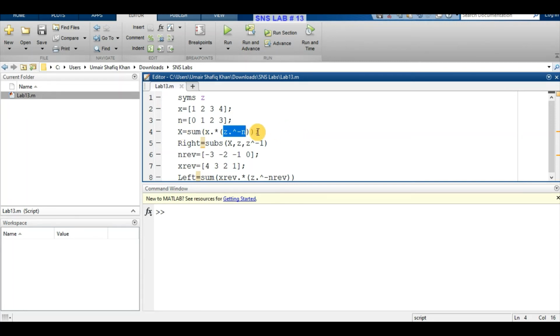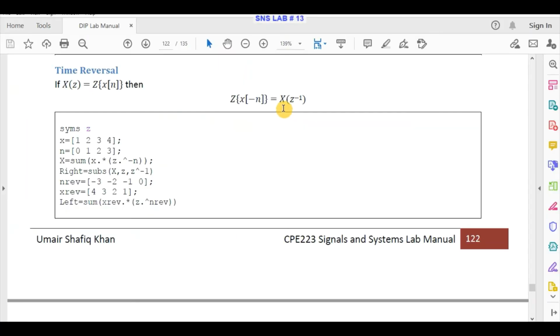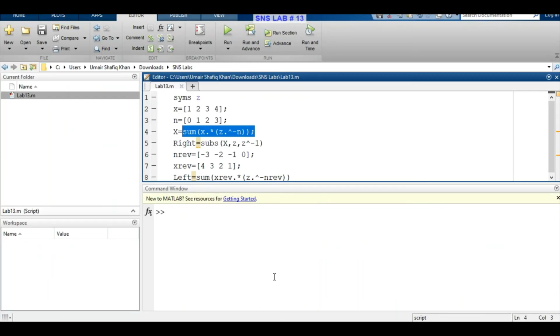After computing the z transform, we will store the value in capital X, and as we can see here we will get the result x of z minus 1 instead of z. So we will substitute the z with z power minus 1, and in the next line we are substituting z with z power minus 1. In this way we will get the right side.